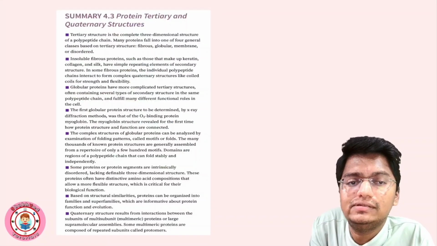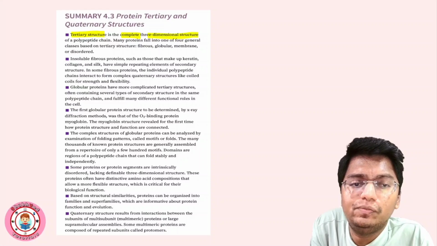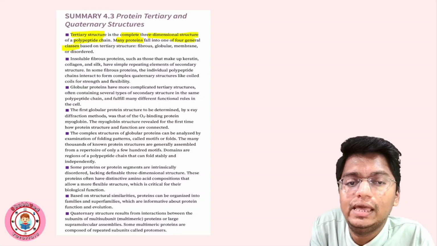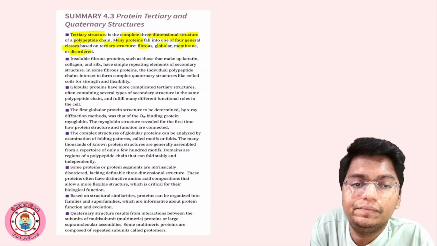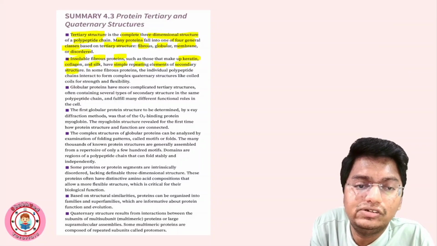So this is the summary. Tertiary structure is the complete three-dimensional structure of a polypeptide chain. Many proteins fall into one of the four general classes based on the tertiary structure, as we saw: fibrous, globular, membrane, and disordered. Insoluble fibrous proteins such as those that make up keratin, collagen, and silk have simple repeating elements of secondary structure. Right?